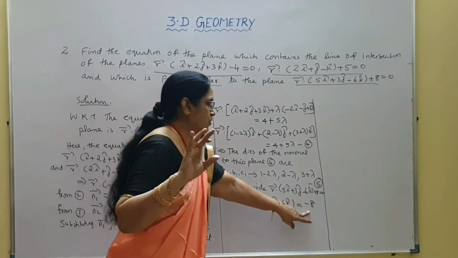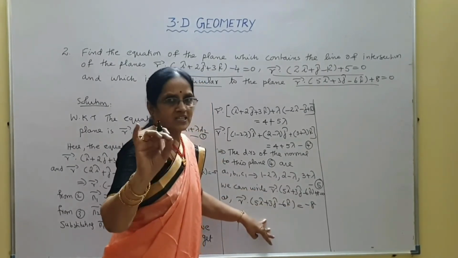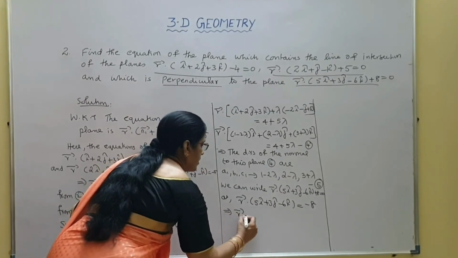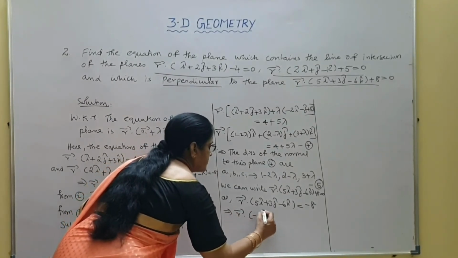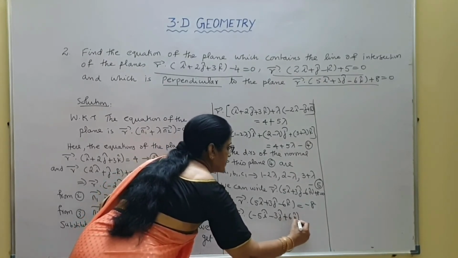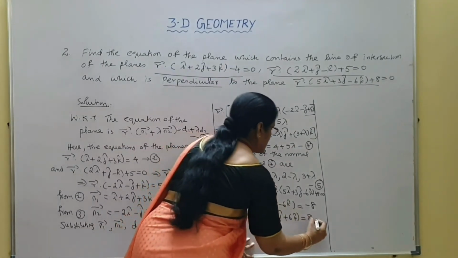And the distance we don't want with negative sign, so I can multiply throughout by minus 1. I will be getting vector r dot (minus 5i cap minus 3j cap plus 6k cap) is equal to 8. Let me name this equation as 6.